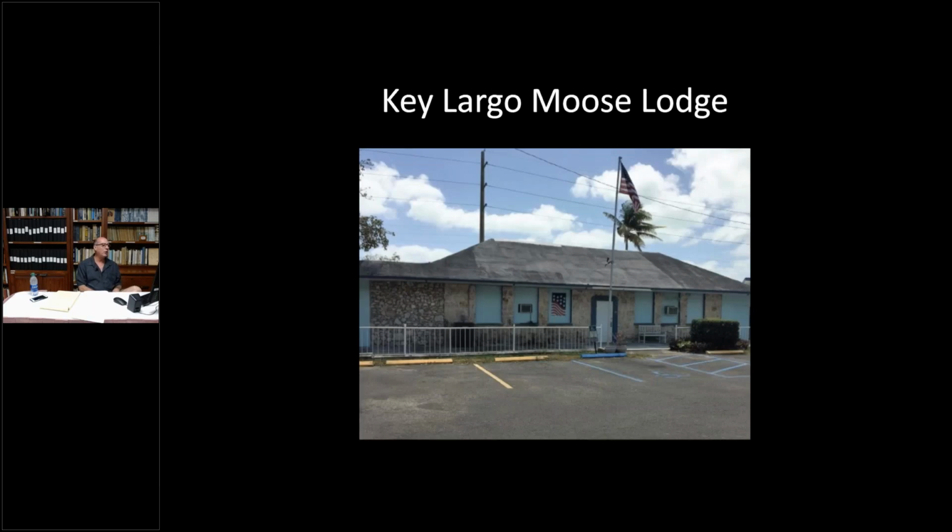Today it is home to the Key Largo Moose Lodge. This image faces the northbound lane of the overseas highway, and as you drive past it, you can still see the coral rock, the bones of the building that was once the grammar school.